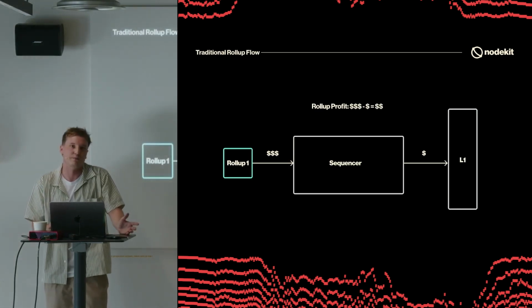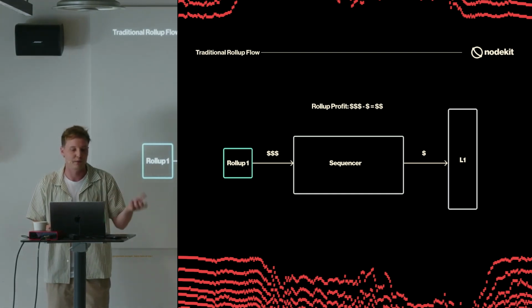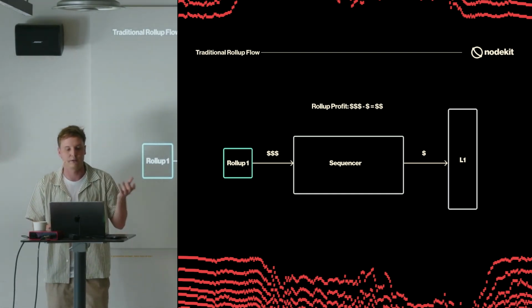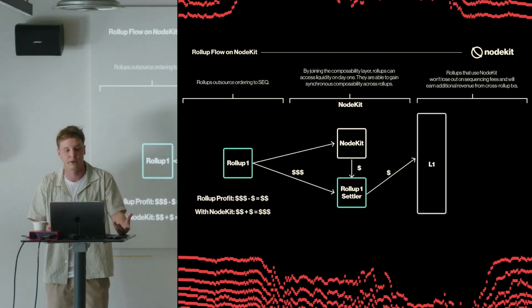This is what gets rollups particularly excited because at the end of the day, they're a for-profit company, right? Rollups currently generate money by processing transactions to the sequencer, and then they pay that fee to the L1. So they're actually not capturing the value of cross-chain messages.